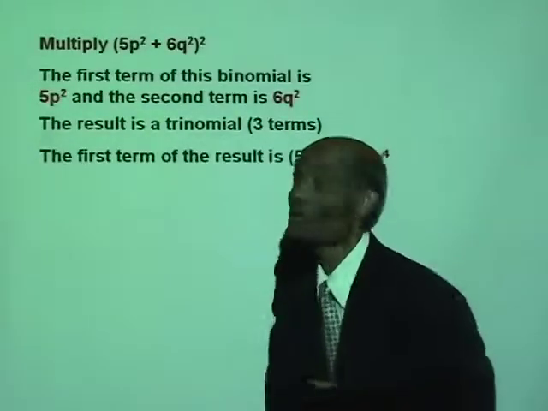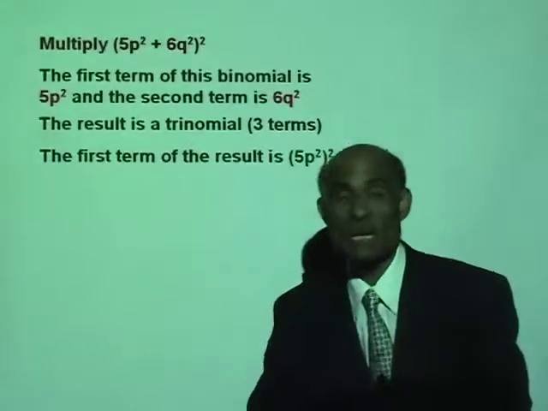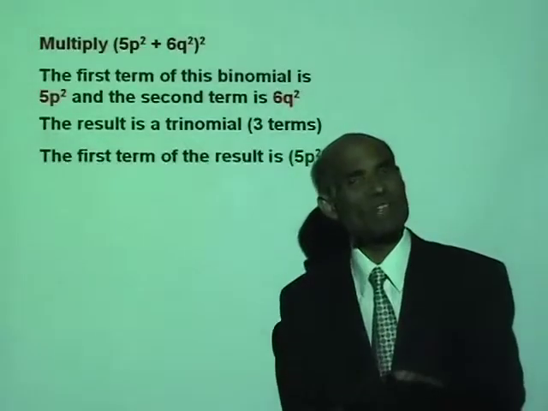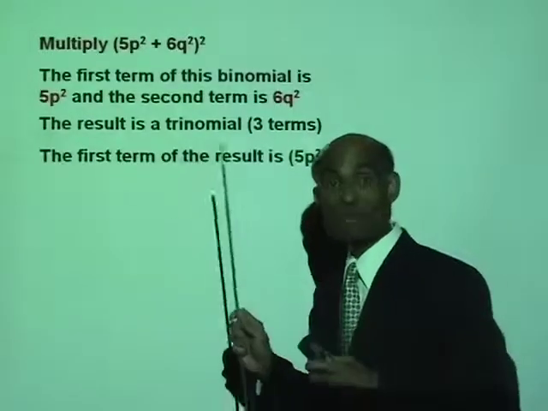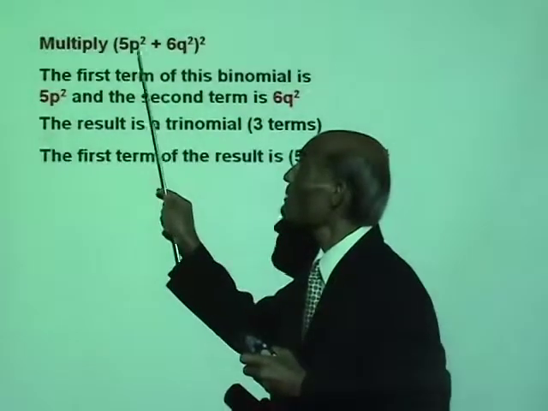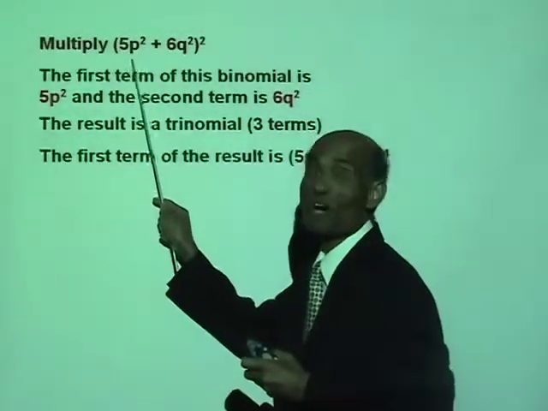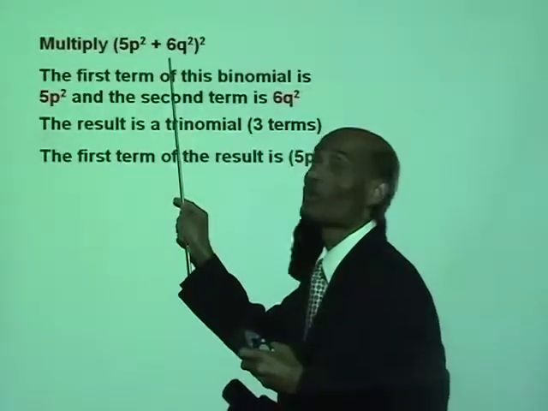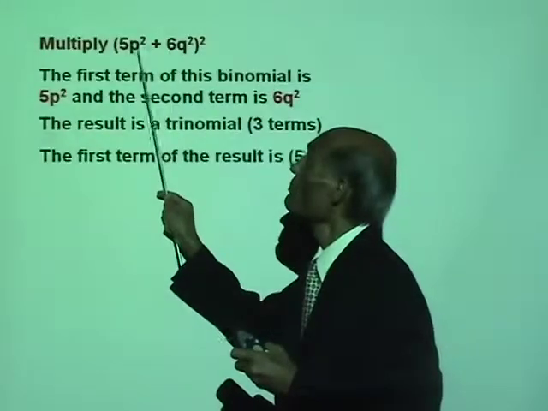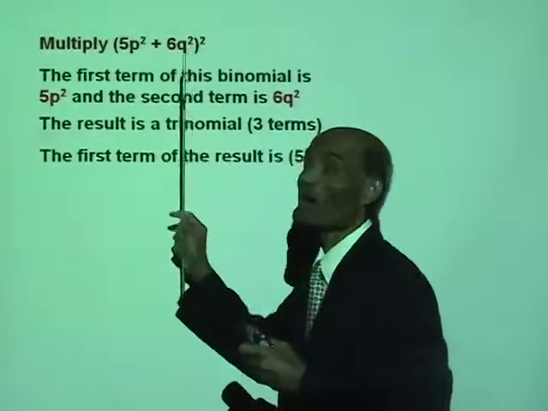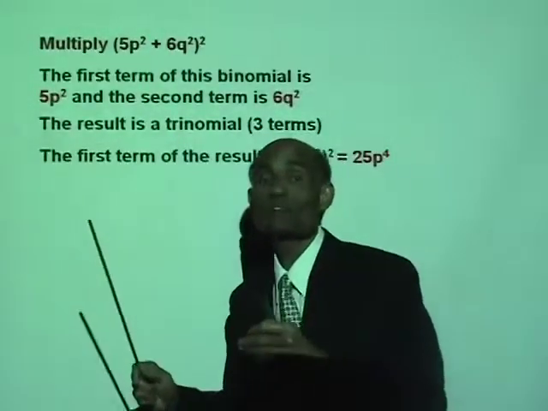Alright, can you tell me what will be the middle term? Have you got the hang of it now? How do you find the middle term? To find the middle term, you first multiply the first term with the second term. What do you get? 5 times 6 is 30. p squared times q squared is p squared q squared.